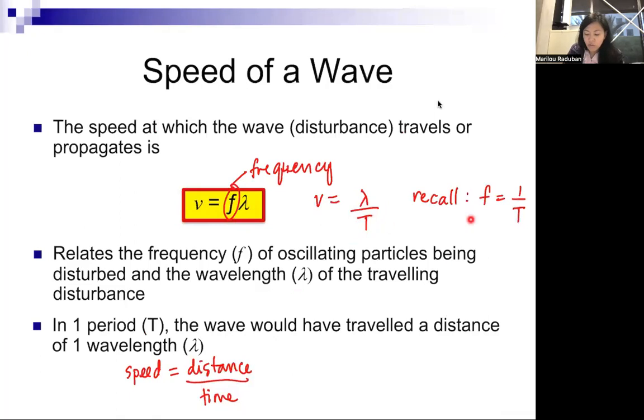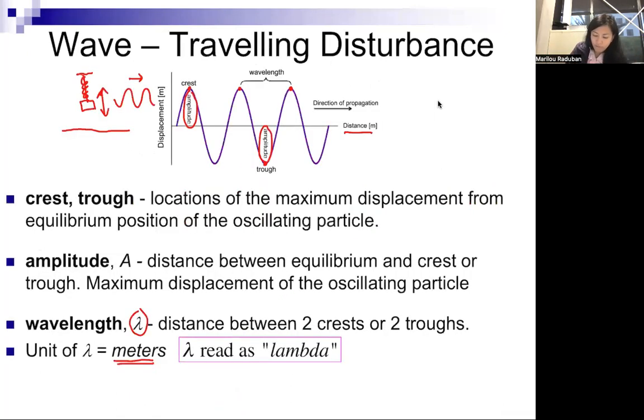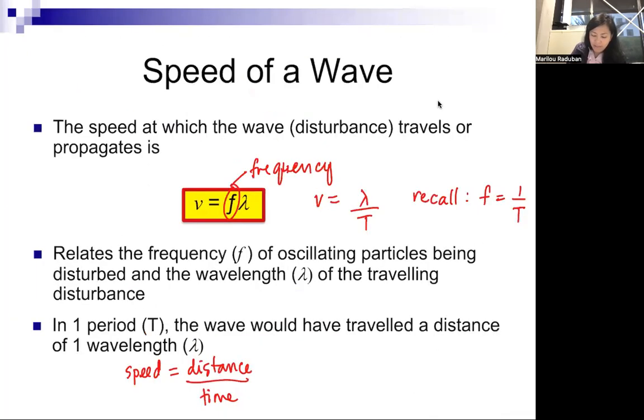And period is equal to the inverse of the frequency, and therefore speed is equal to wavelength times the frequency. So just to summarize, the wave will have the wavelength, it will have the amplitude, and then speed. Speed is related to the wavelength and the frequency of oscillation of the particle.